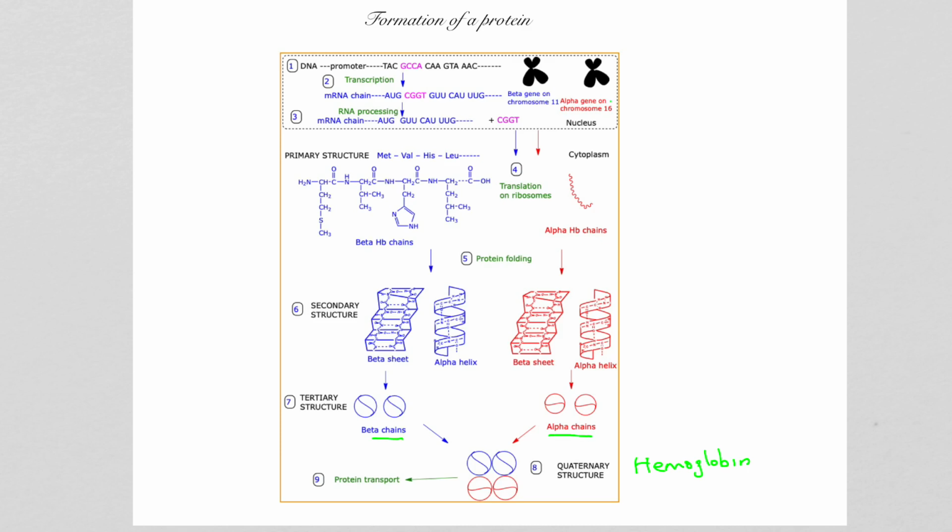The information for the alpha chain is found on chromosome 16, and the information on making the beta chain is found on chromosome number 11. In a human adult, hemoglobin is made by the immature red blood cells that are in your bone marrow. So that's where hemoglobin is made, by the precursor red blood cells in your bone marrow.